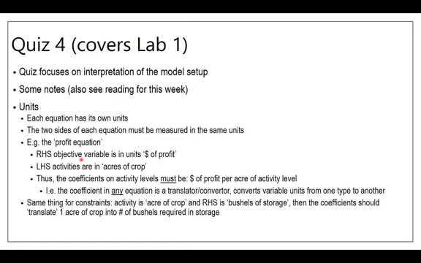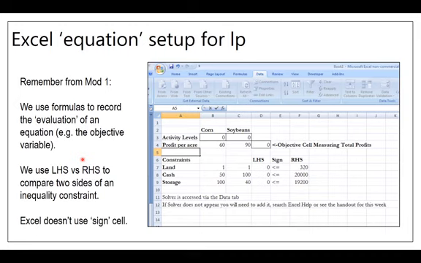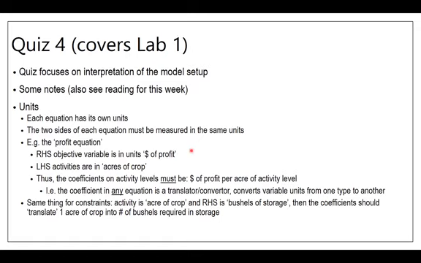The objective cell in the spreadsheet, over to the right here, says it's measuring total profit, and those units would be dollars of profit, dollars of earnings that I get.